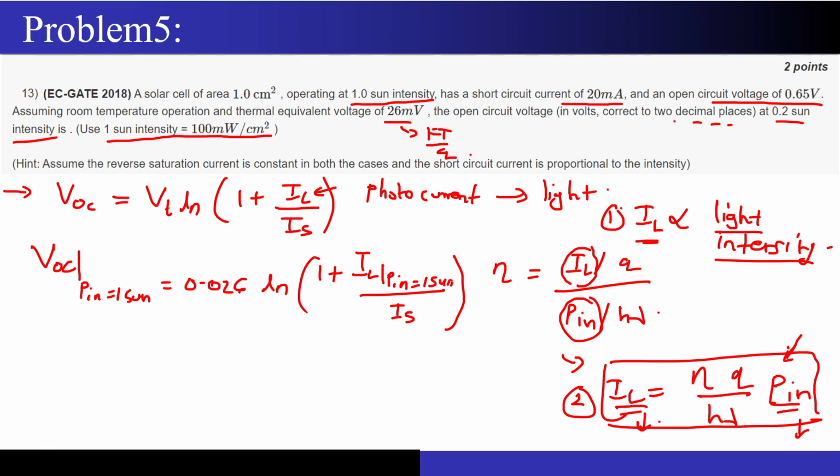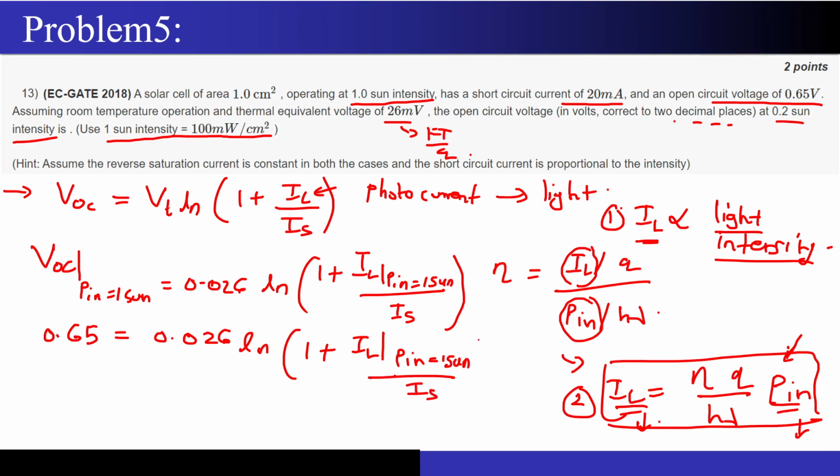So this is what I am writing over here, and this value is 0.65, because this has been given in the question. 0.65 is equal to 0.026 ln of 1 plus IL at P in equal to 1 sun intensity divided by IS. Okay, so this is what has been given to me now.